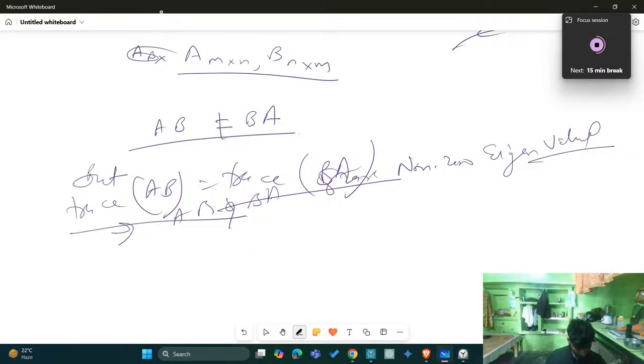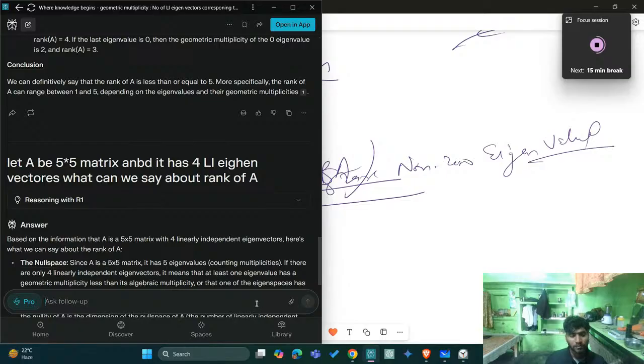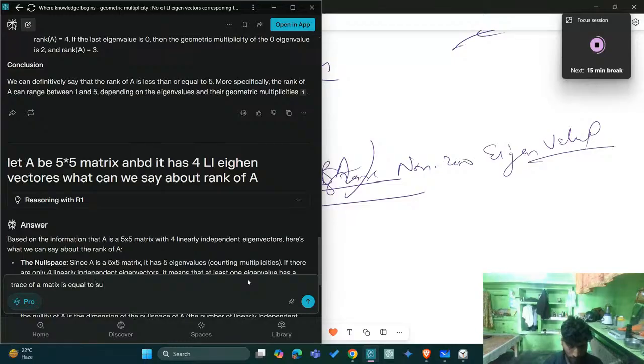If A, n cross n, has eigenvalues lambda 1, lambda 2, up to lambda n, this is very important. Why is this true? Because the trace of a matrix is equal to the sum of eigenvalues.